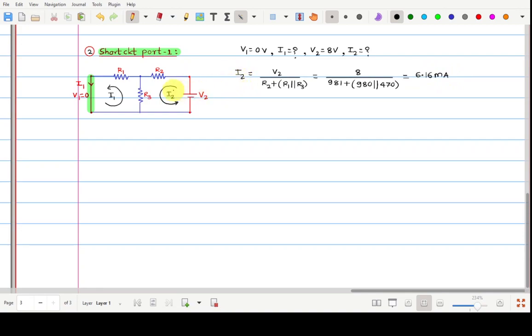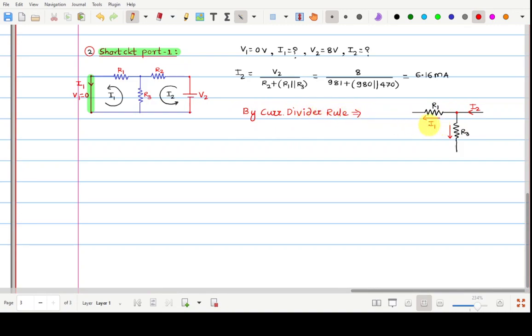Okay, now we got the value of I2. Now use the current divider rule at this node, we will get the value of I1 like this. So friends, here you can see the current I2 is coming from this output port. Now at this node, this current will get divided into R1 and R3. Now we are interested in the current flowing through this resistance R1, which is nothing but I1. Since current is divided into two parts, we can use the current divider rule over here.